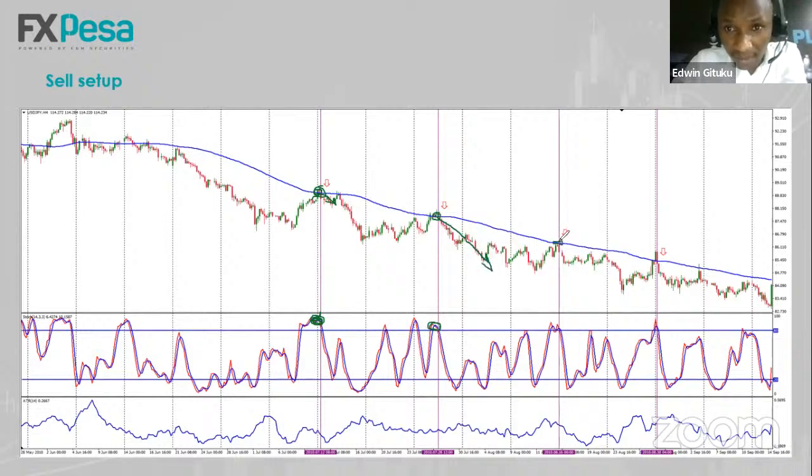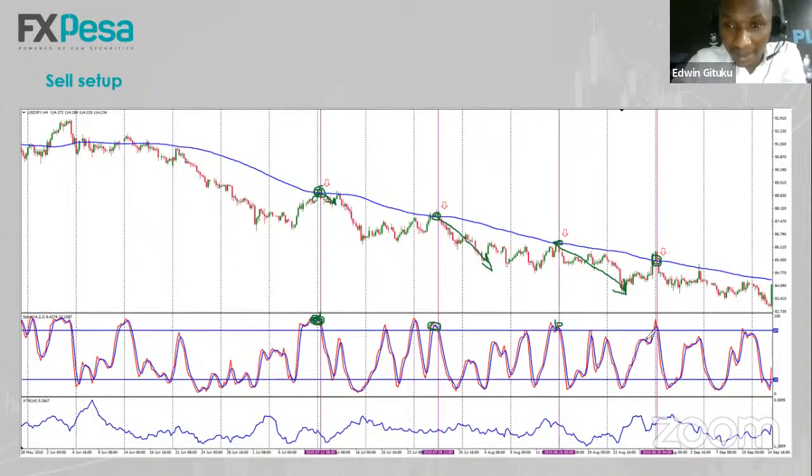Then here we have the third setup, then this confirmation on the basis of stochastic, then price made an impulse move to the downside. And lastly, here's another setup. So you have price making a pullback close to the 100 EMA. It initiates a reversal to the downside.